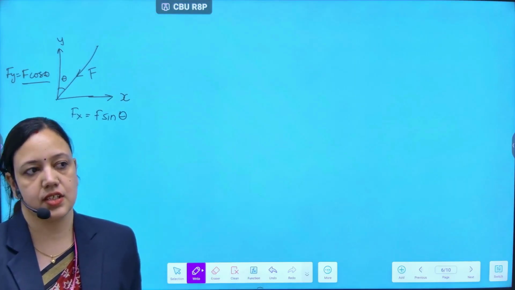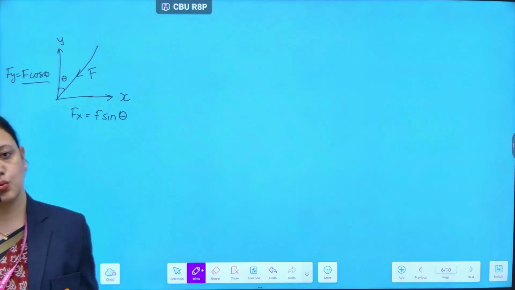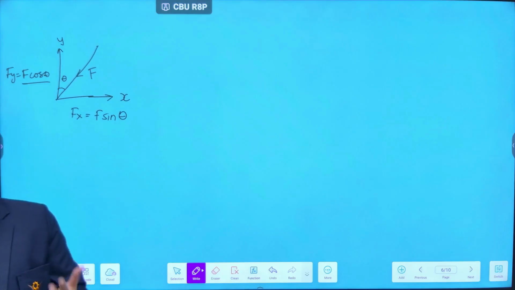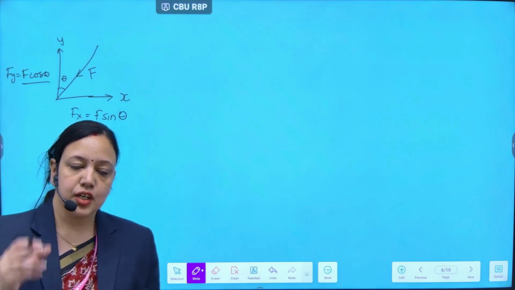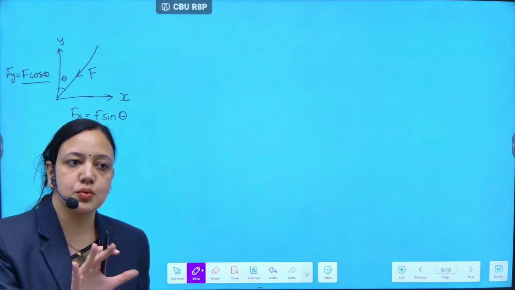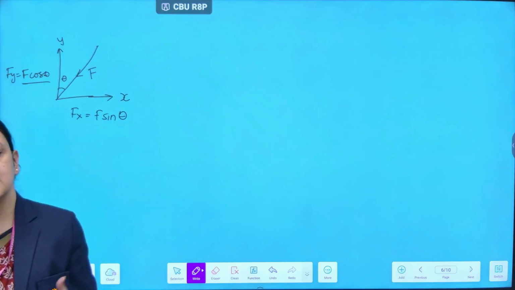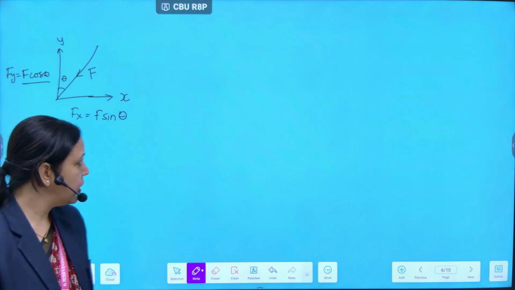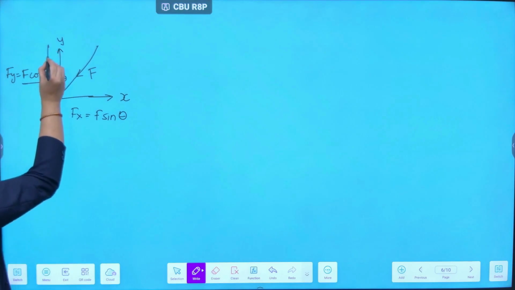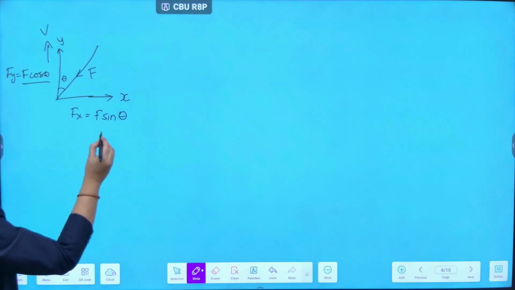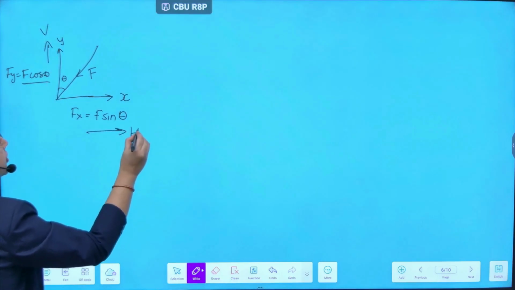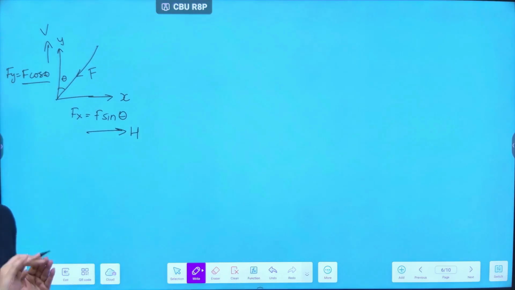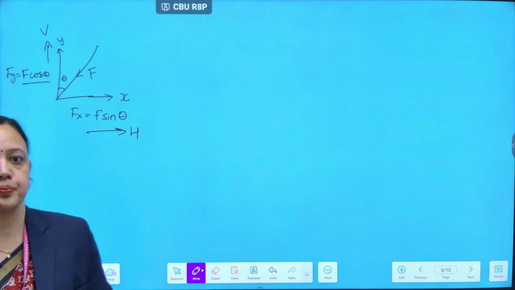Is it inclined to x axis or y axis? Whichever axis the force is inclined with, corresponding to that axis we have to resolve the force into its horizontal and vertical components. This one is the vertical component, in vertical direction, and this one is the horizontal component acting in horizontal direction.